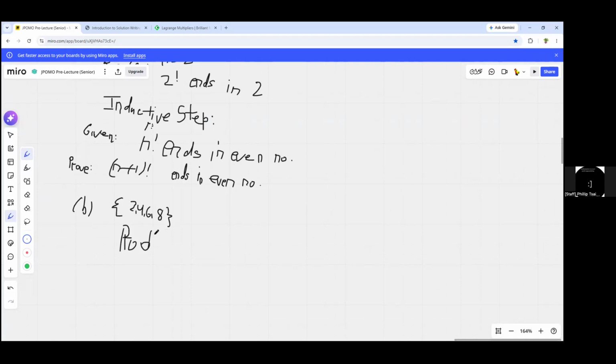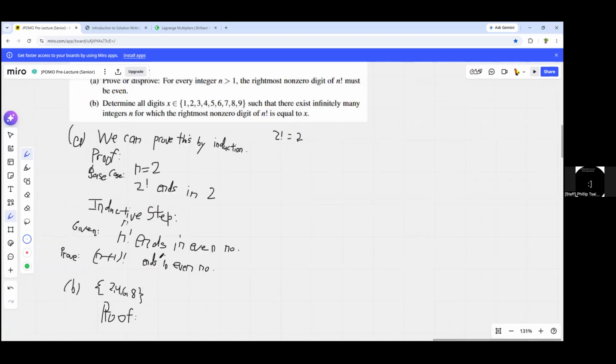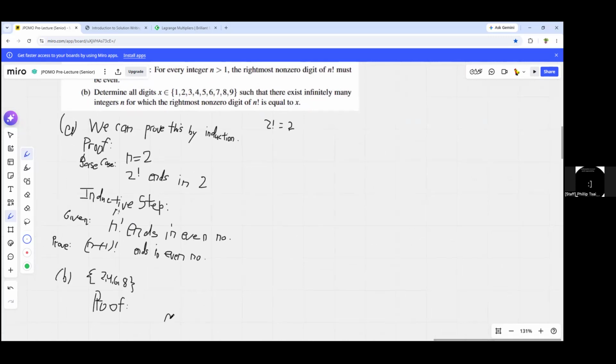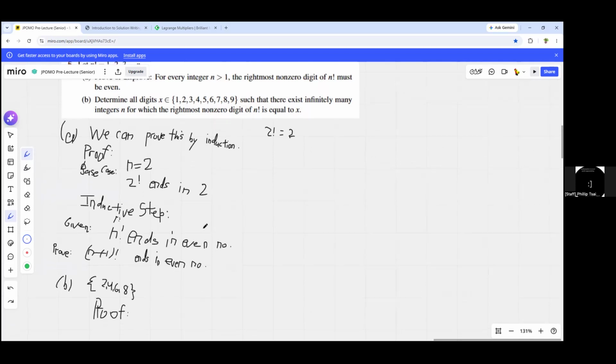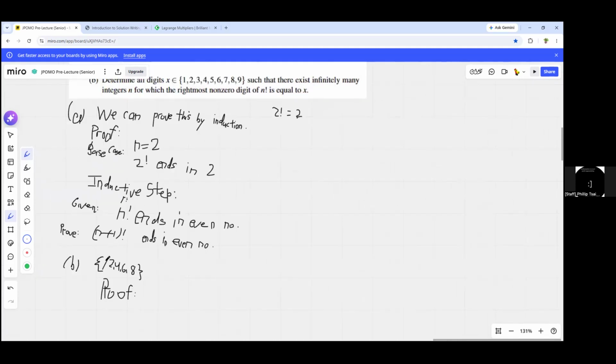Which is basically showing, like finding a construction where we can generate infinitely many integers n that end with one of these digits.